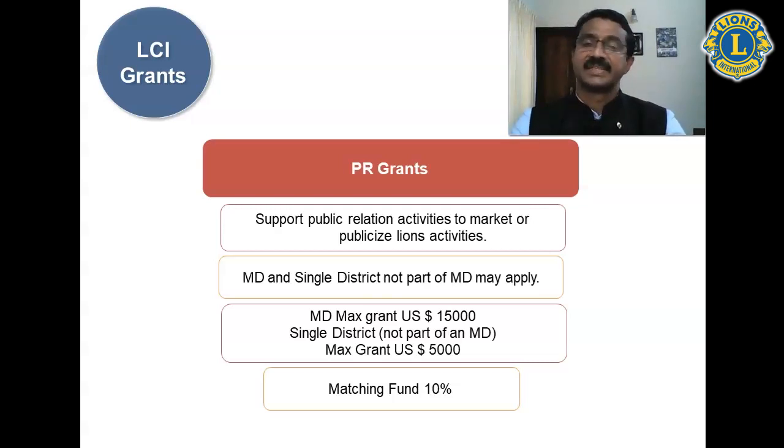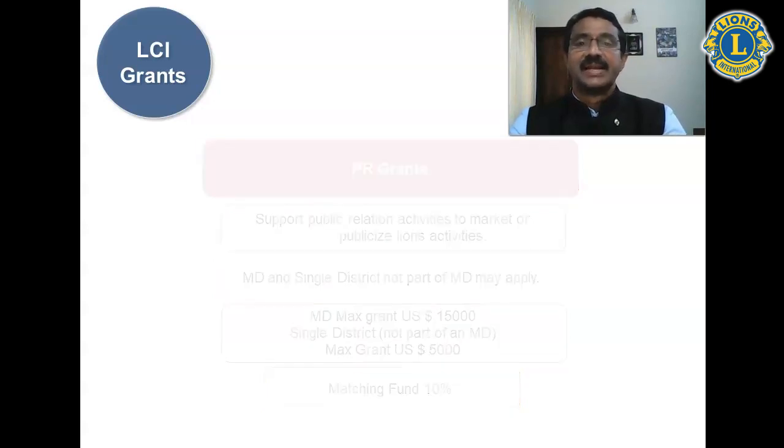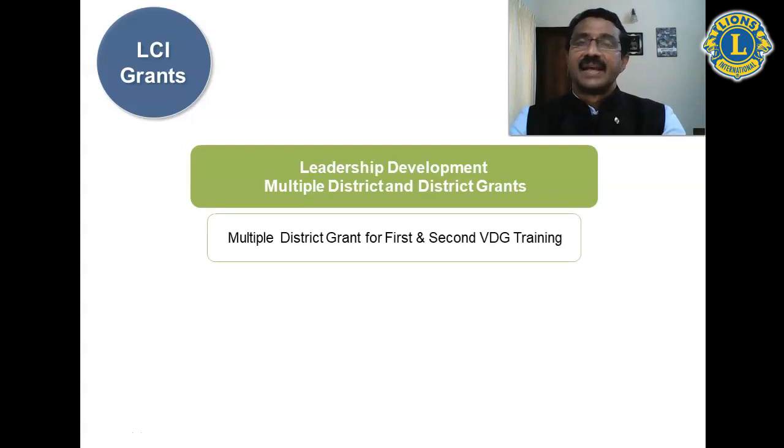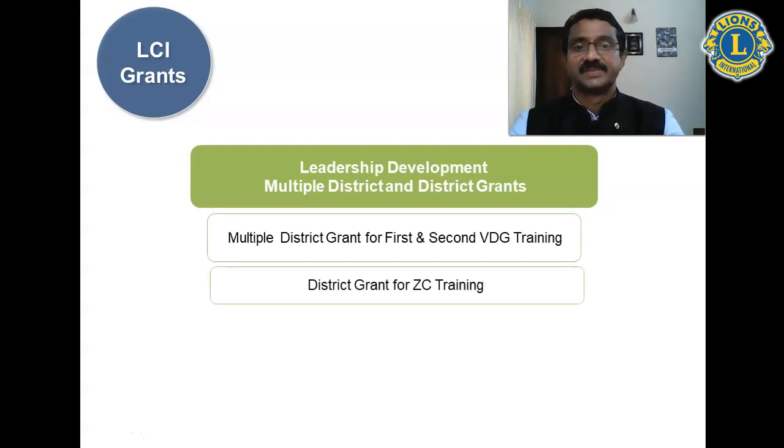This is the public relations grant, and we will move on to the next group, that is leadership development multiple district and district grants. As the name here also indicates, this is for leadership development at the multiple district level and at the district level. At the multiple district level, the funding is for training of first vice governor and second vice governor, and at the district level, the funding is for training of zone chairpersons.